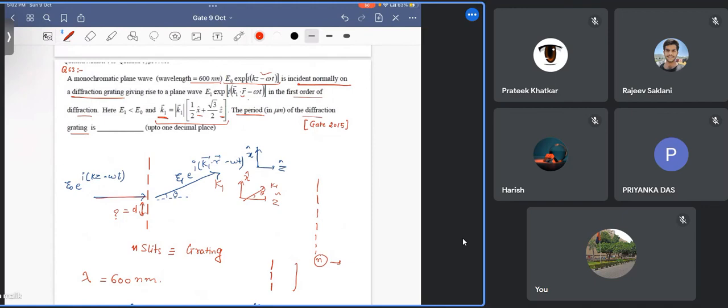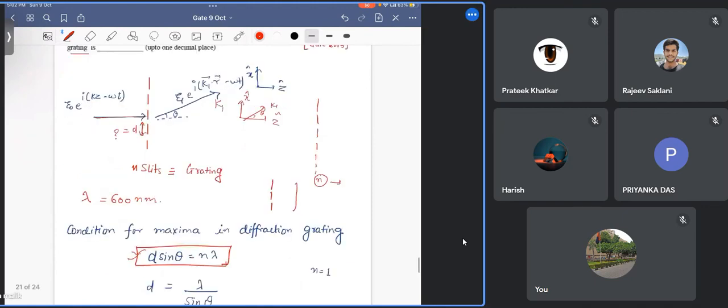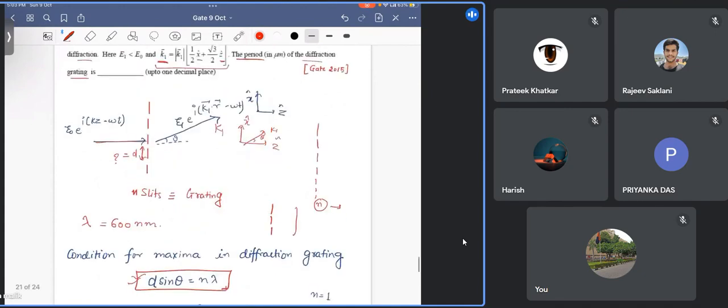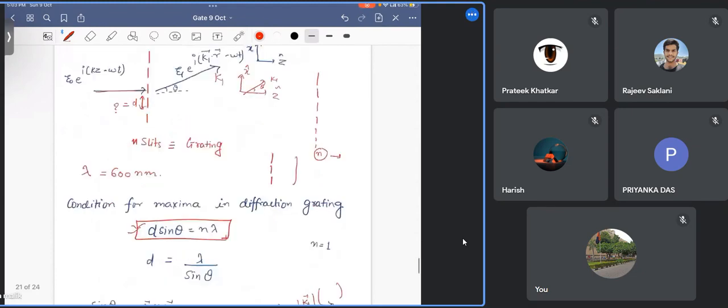So the incident wave is K in the Z cap direction, and K1 is along the direction 1 by 2 X cap plus square root of 3 by 2 Z cap.